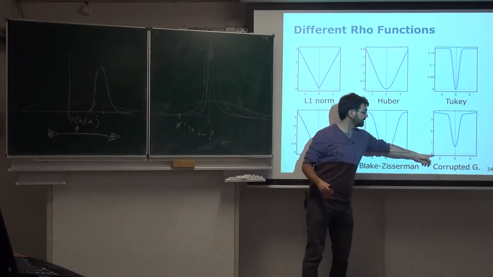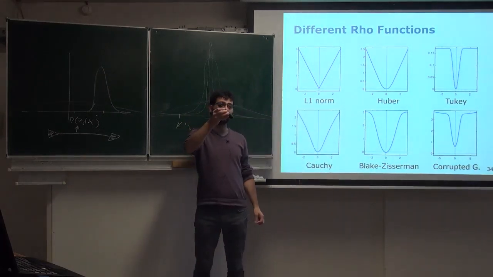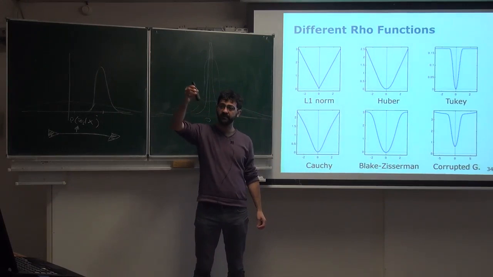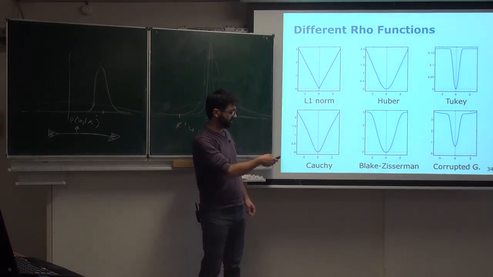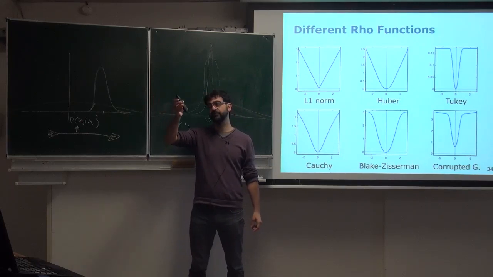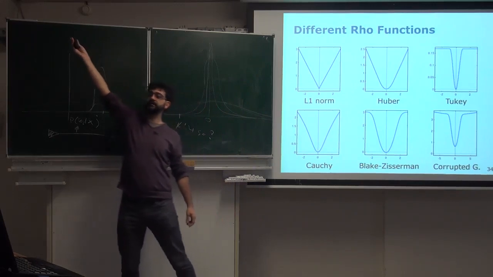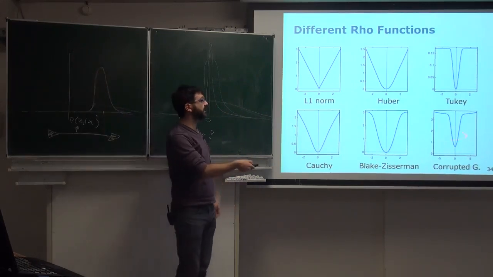The corrupted Gaussian is like a Gaussian. It has the effect that when you go far away from the center, the gradient gets bigger and bigger. But then there is a flex here that actually changes the behavior. So it goes from a behavior like this, then goes like this, and then again like this. Okay? But the gradient here is anyway very flat, so that will not influence the rest too much.